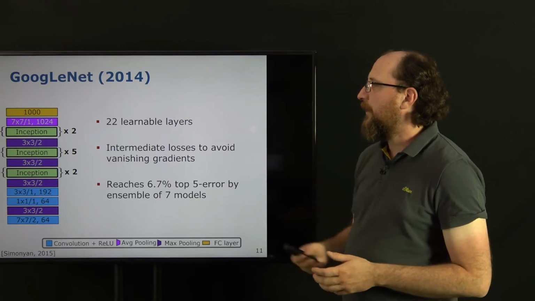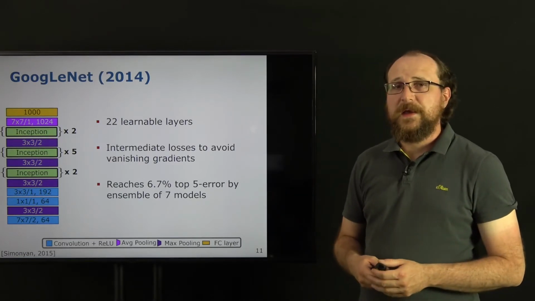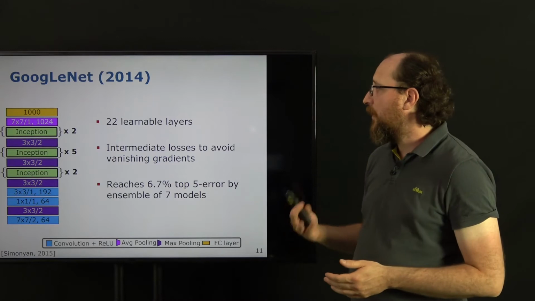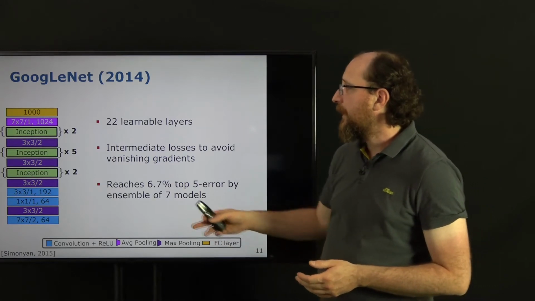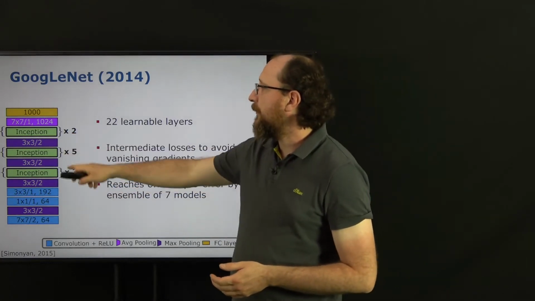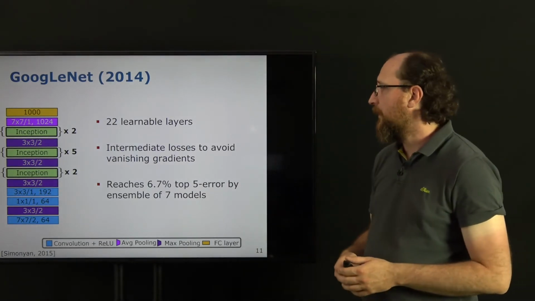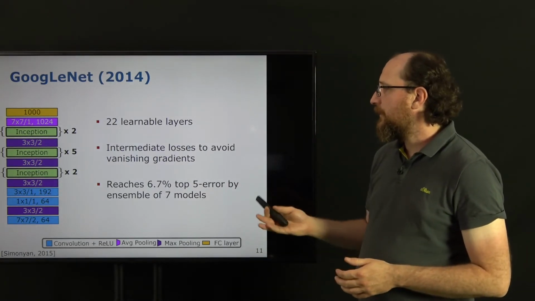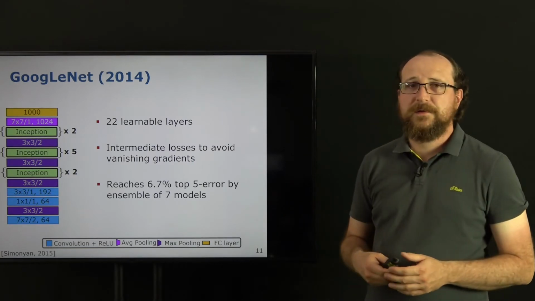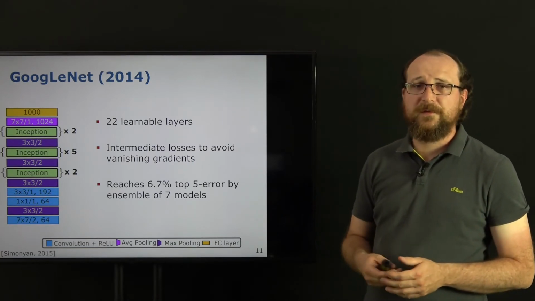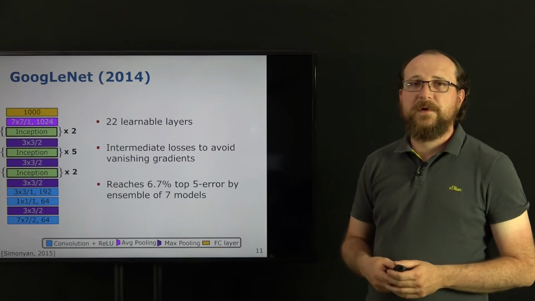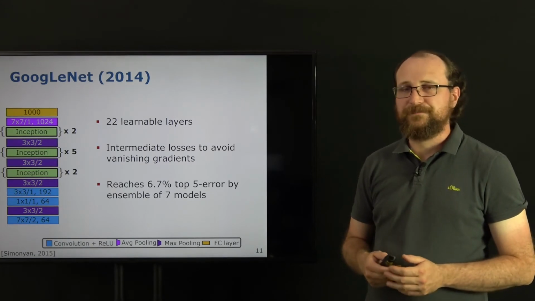In the end, we have 22 learnable layers, and to avoid the vanishing gradient problem, they had intermediate losses in between that ensured that the gradient could flow again. And when using this, they basically reached 6.7% top 5 error by using an ensemble of 7 models.